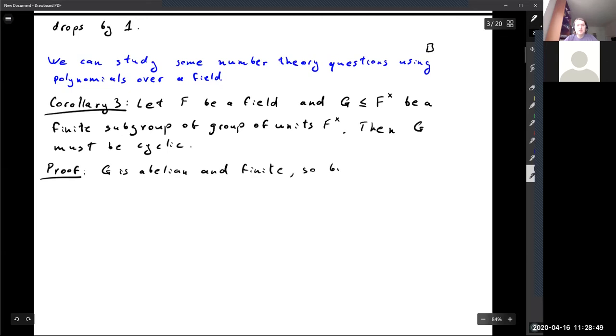So by the fundamental theorem of finitely generated abelian groups, it must be isomorphic to a product of cyclic groups, Z sub p1 to the k1 cross all the way to Z sub pn to the kn, where p1 through pn are primes.